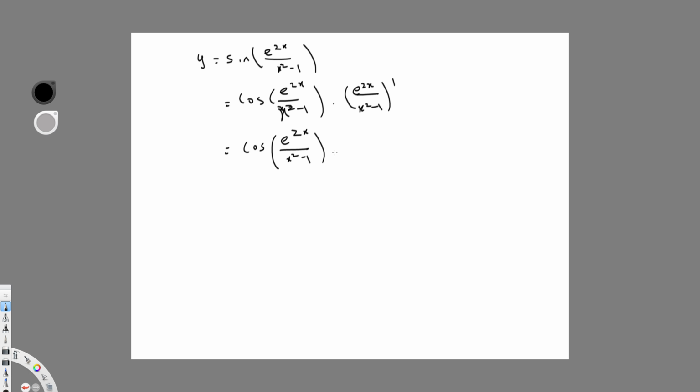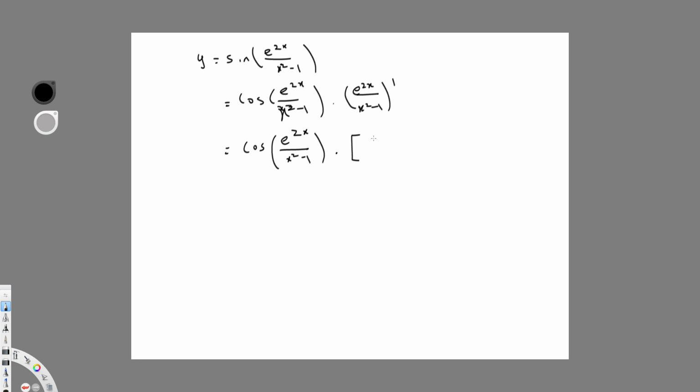And then for the inside derivative, it's a quotient rule, because this is being divided by this, so I have to use the quotient rule.